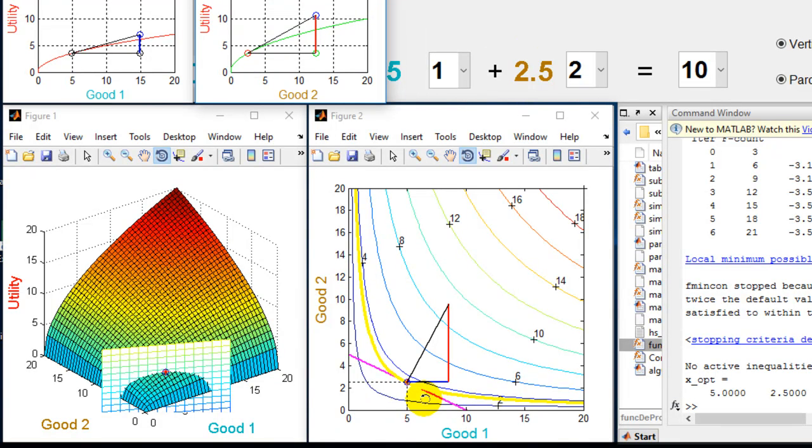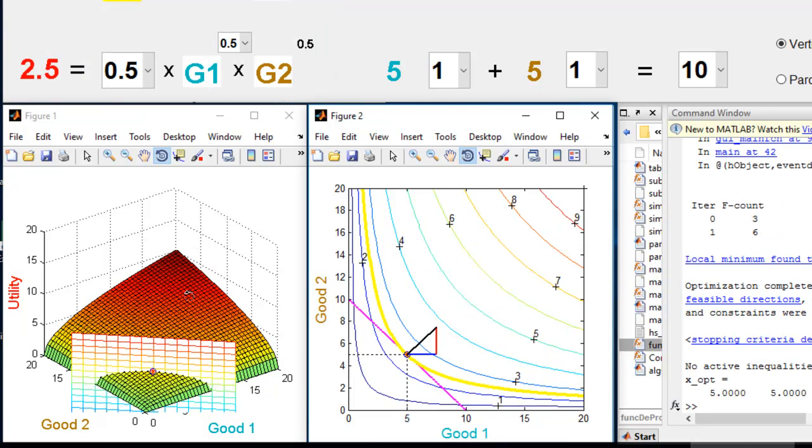And at this point, this is the gradient, and we are going to see in future videos that the partial derivative with respect to good 1 is smaller than the partial derivative with respect to good 2, and that the gradient of the function has the same direction as the gradient of the budget constraint. We are going to see this in detail when we see the Lagrange method.